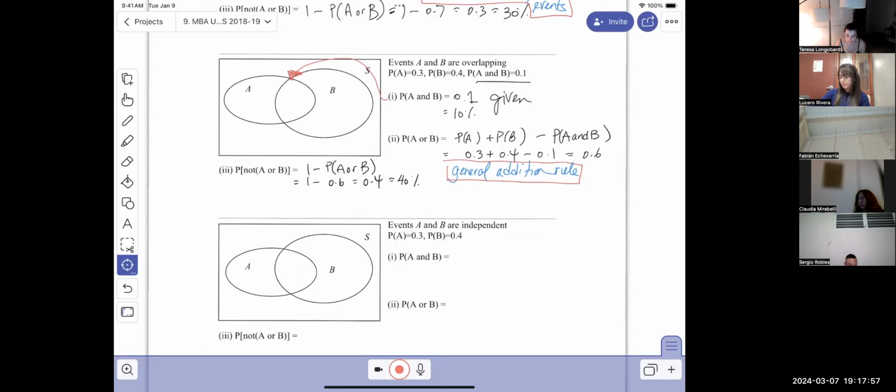What does independence mean? Independence refers to the fact that knowing that I'm in event A doesn't affect the probability of B happening.